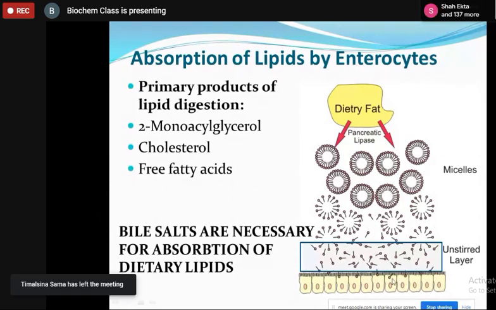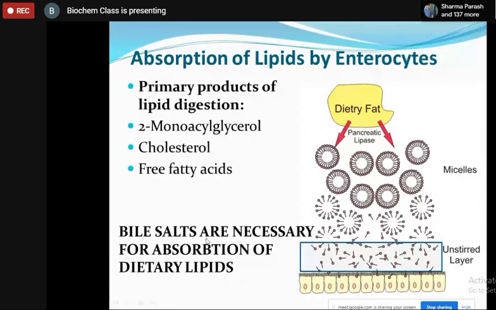The enterocytes are the cells that absorb the primary products of lipid digestion, but they are covered by this water layer. These products are not water soluble, so they need help to cross this water layer before getting to their site of absorption. This is overcome by bile salts.